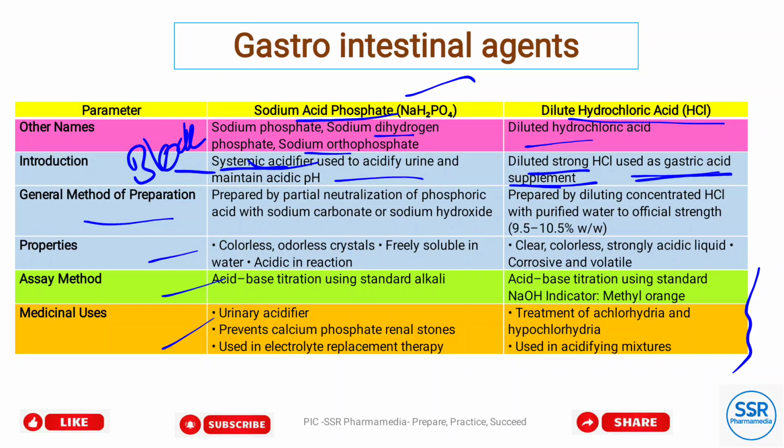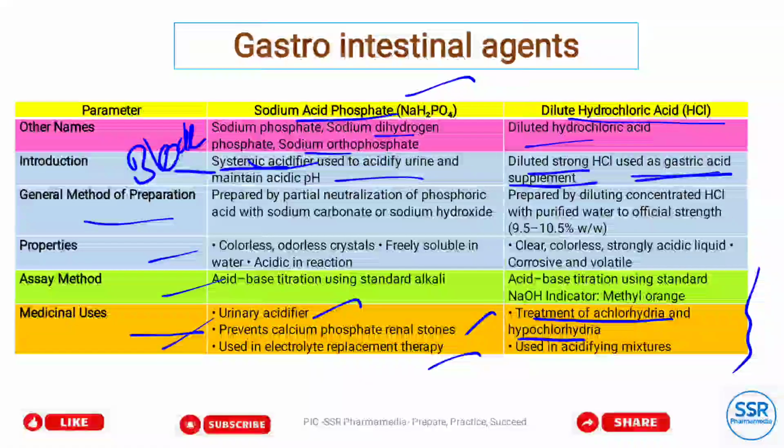Now the medicinal uses. Sodium acid phosphate is used as an acidifier, prevents calcium phosphate renal stones, and is also used in electrolyte replacement therapy. Hydrochloric acid is used in the treatment of achlorhydria and hypochlorhydria, and in acidifying mixtures.